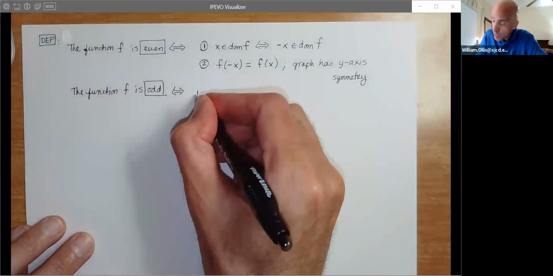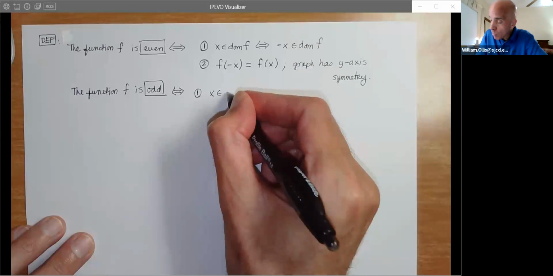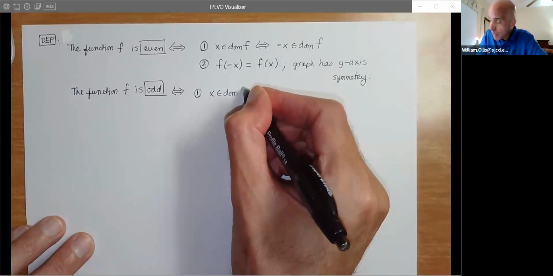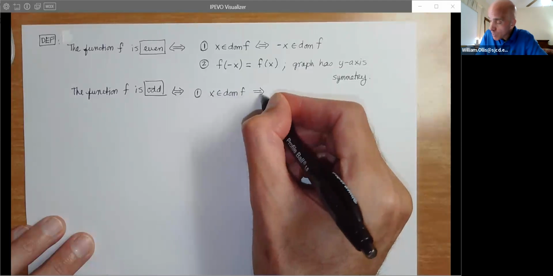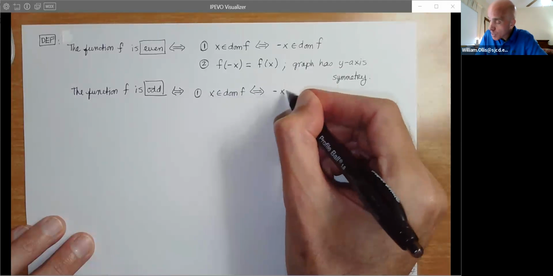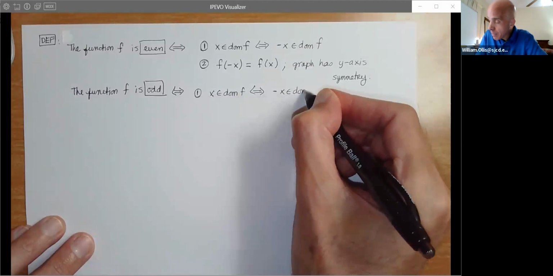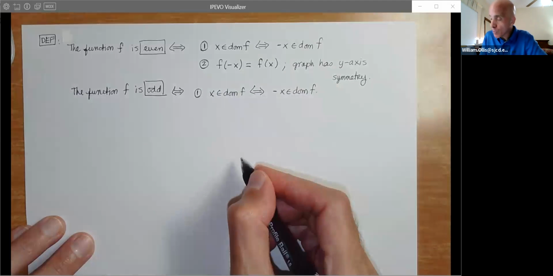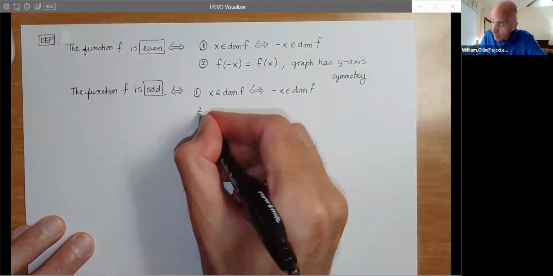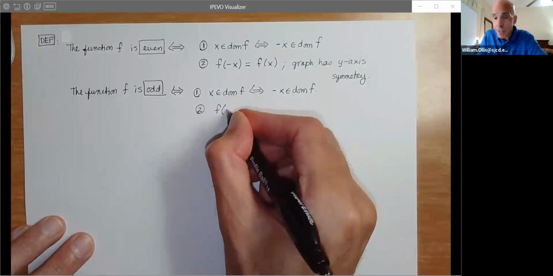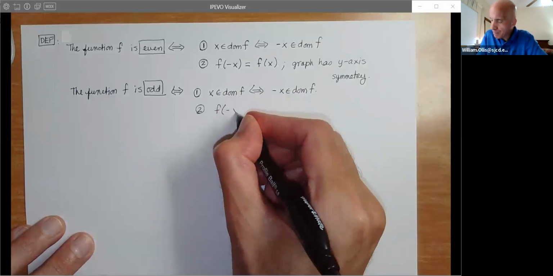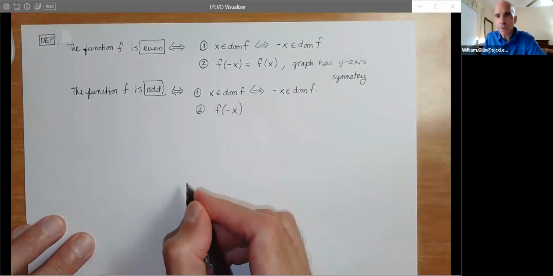Number one, we get the same thing. We want the domain of f to be symmetric relative to 0. So if we have x in the domain, we must have its additive inverse. And two, how does the function treat the additive inverse of x?